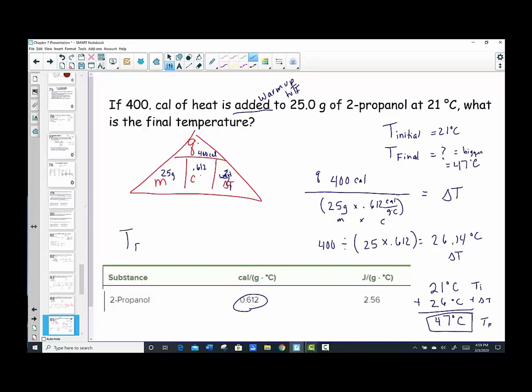TF minus TI is delta T. So if you just think about what we said, you're going to just rearrange that and say to find the final, it's delta T plus the initial. And that's how we found 47 degrees Celsius.